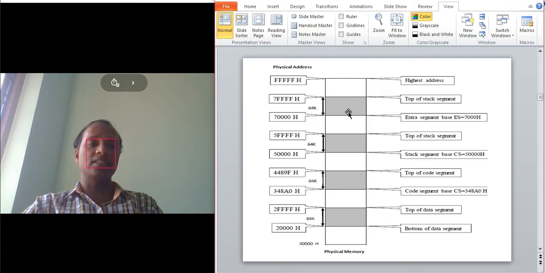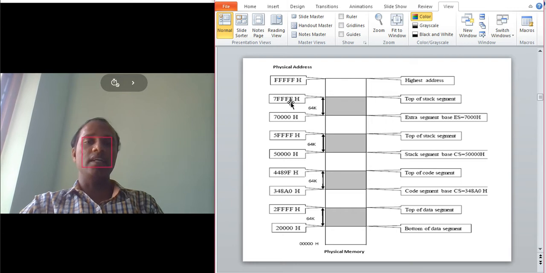And this is your extra segment. In this diagram I have represented it as a stack segment, but it is not; this is the extra segment memory. Similarly, I am taking the starting address as 70000H and the ending address as 74FFFH.